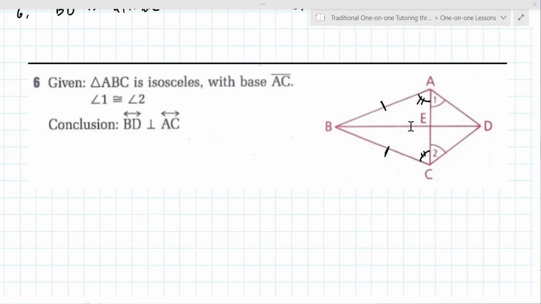Yes. Maybe. Okay. All right. So there's a reason they give you angle 1 congruent to angle 2, so that if you add up these angles, you get a congruent angle.